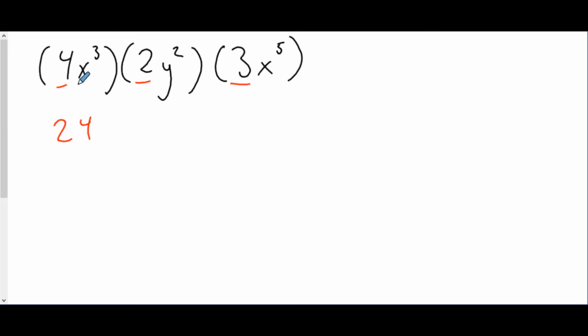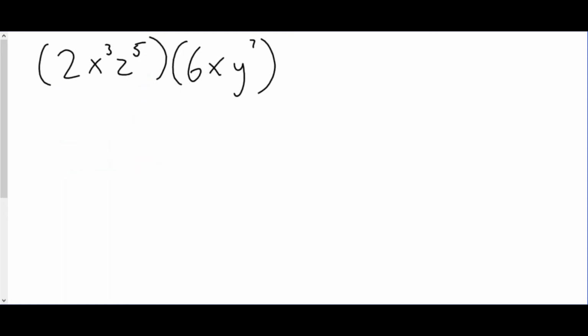So I see that I have an x cubed and an x to the 5th. So 3 x's multiplied and then 5 more x's multiplied is x to the 8th. There's only one y here. There's a y squared. So there's nothing to combine it with. I will just keep my y in my final answer, which is 24x to the 8th y squared.